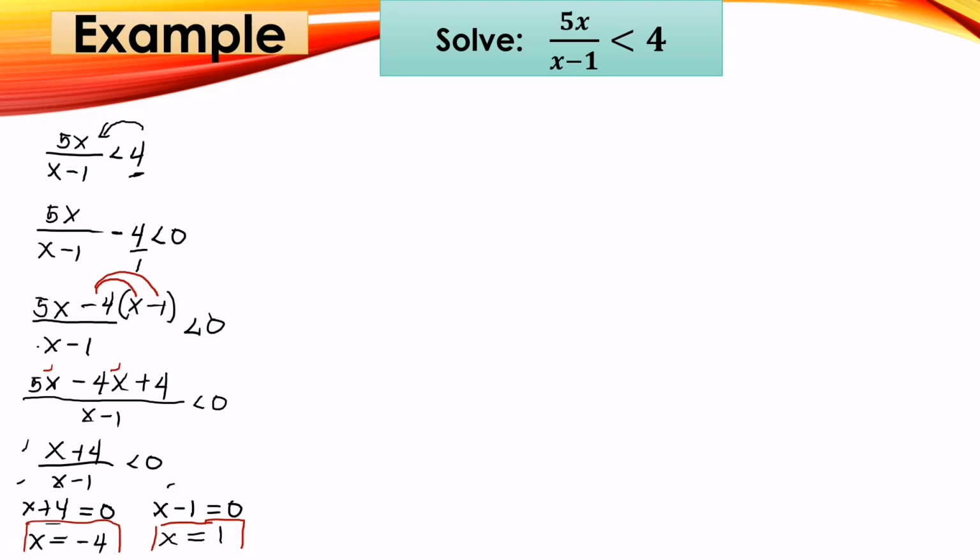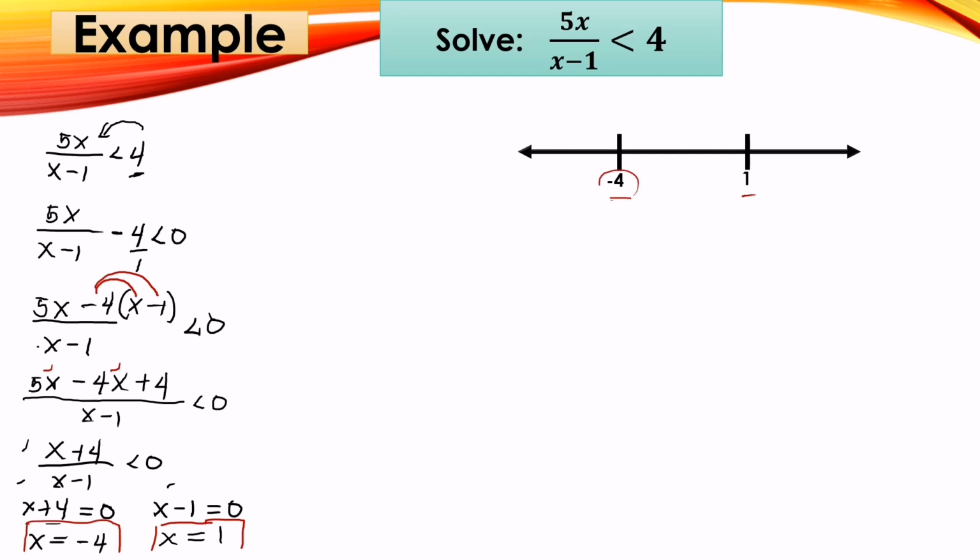Pag nakuha na yung value ng x, we need to plot the values of x in our number line, which are negative 4 and positive 1. Then we need to test kung yung value ba na nakuha nating x is included or not.